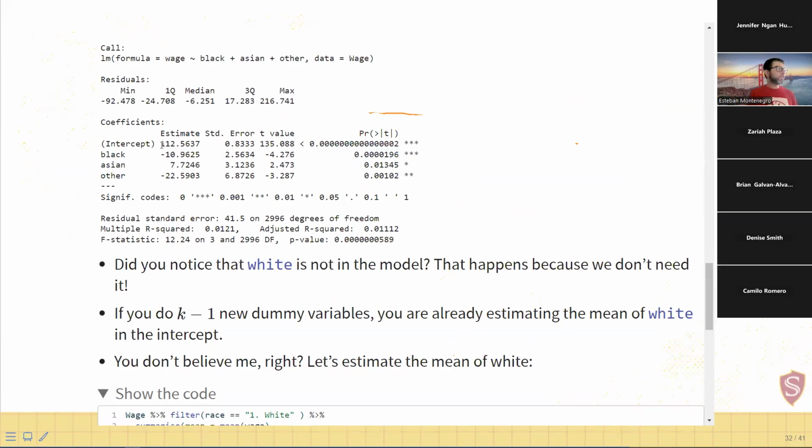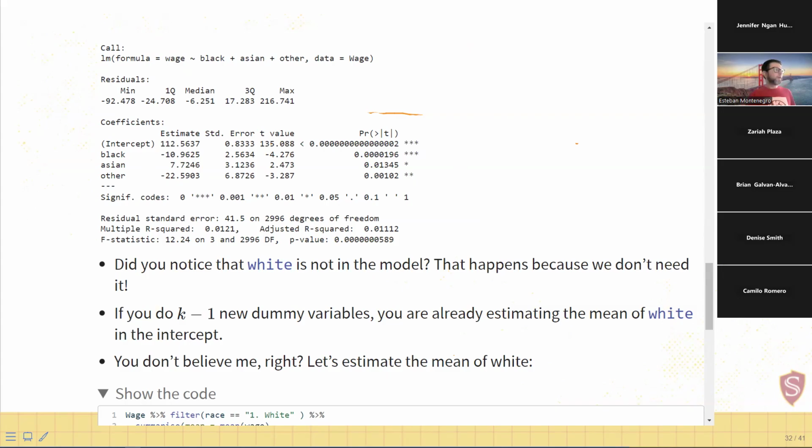So if your reference group, let's imagine, is Asian, you would be subtracting the mean of black versus Asian, the mean of white versus Asian, and the mean of other versus Asian. So the numbers are going to be different, but the final conclusion is going to be the same. You just change the reference group and you will change the estimates, but the final conclusion is the same.